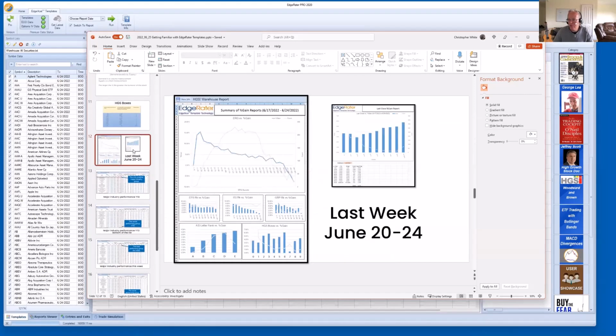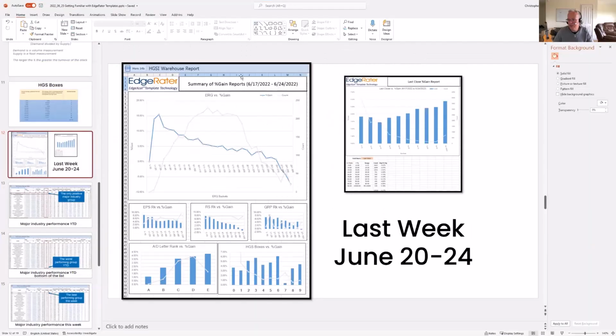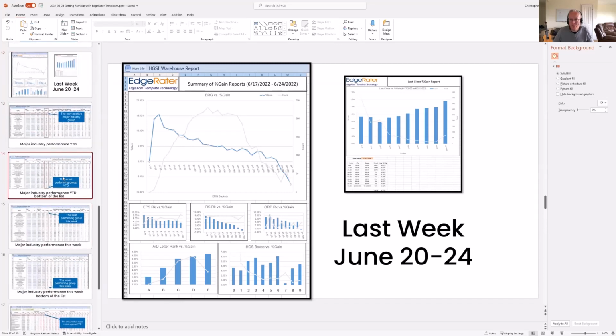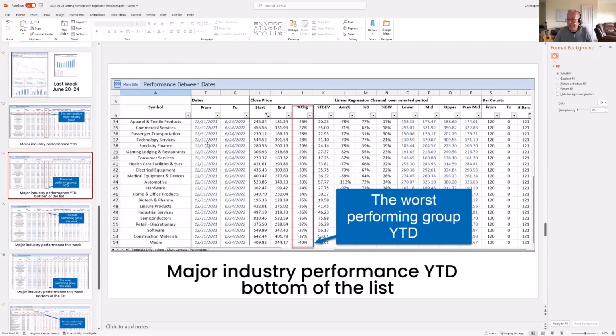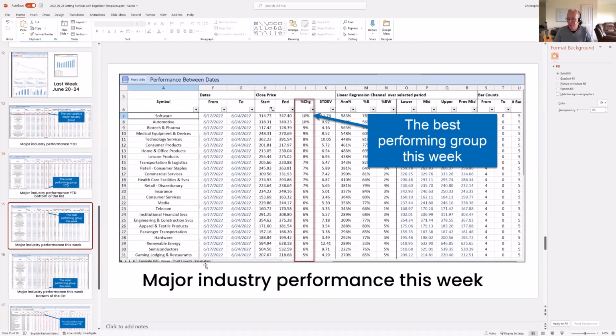And then you definitely do need to have HDSI to produce reports like this, because this data here, the EPS rank, the relative strength rank, and the group rank, the AD letter rank, and the HDS boxes are all specific to HDSI. So you definitely need HDSI for that. I'm looking at major industry groups here, and you do require HDSI in order to tell you what the group components are.